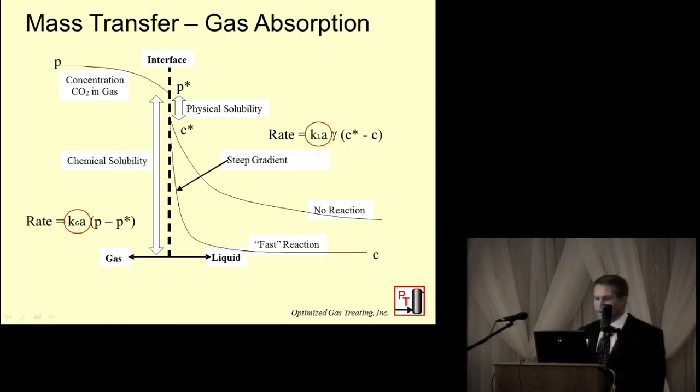So mass transfer rates and separation on a tray, a real tray, or a little chunk of packing are determined by mass transfer coefficients. In the gas side, we've got a kGa term. The coefficient is actually kG.